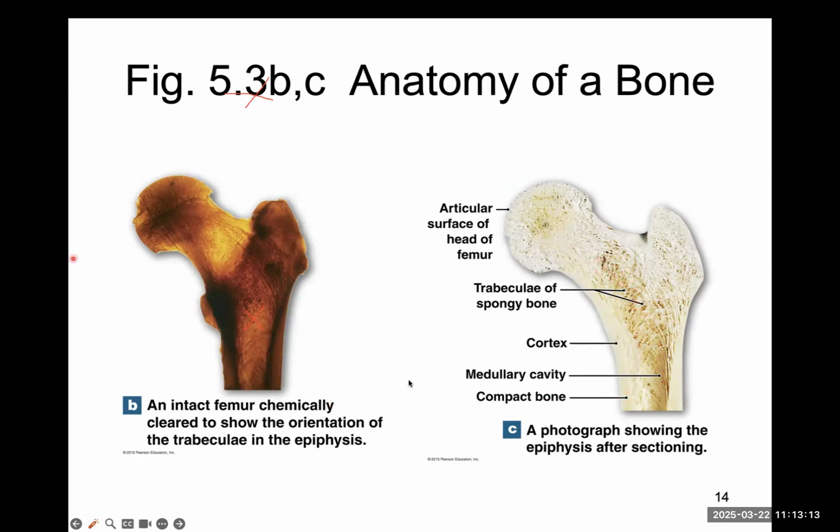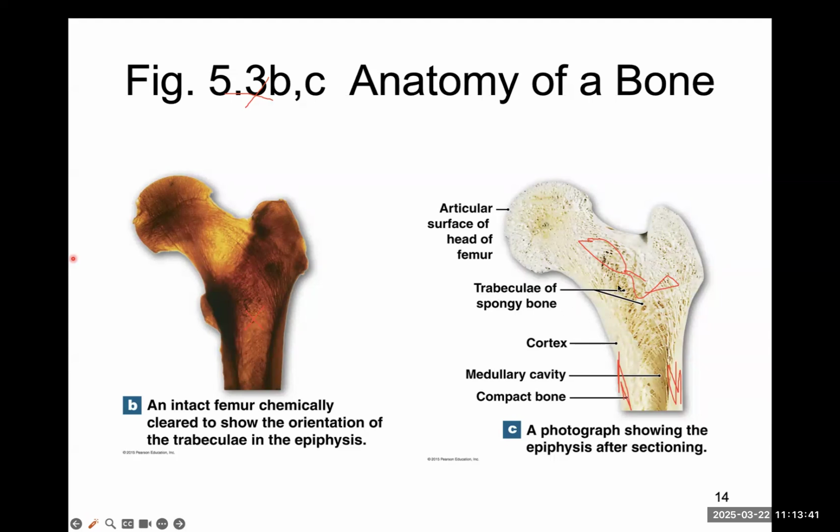The part that's hard on both sides, right here and right here, is called the compact bone. So I can put a sticker on this part and ask you what this part is called, and you're going to say compact bone. In the middle, you have the medullary cavity. And then you have this spongy stuff going on in this area. That's the spongy bone. It's called trabeculae of spongy bone.